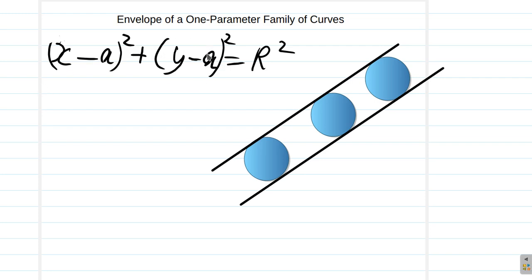Normally you would have plus y minus b squared, where a would be the offset of the center of the circle in the horizontal direction, and b would be the offset in the vertical direction. But in this case, we need one parameter. That parameter would be a. And then r would be the radius of the circle, right?